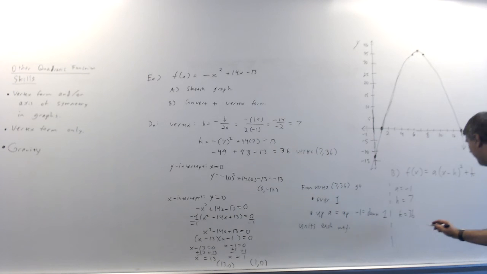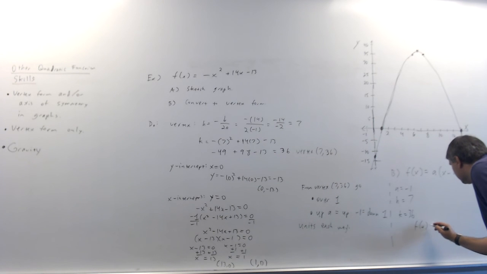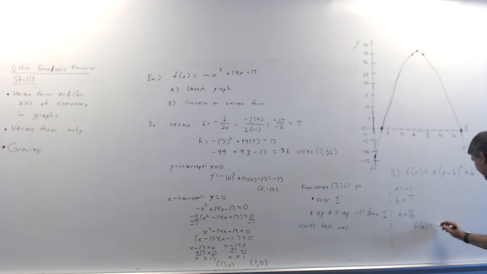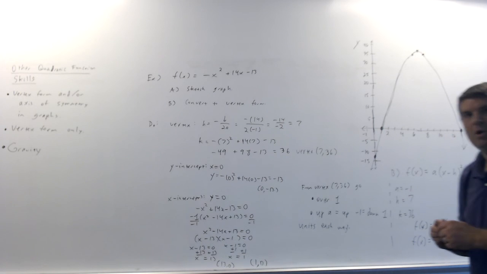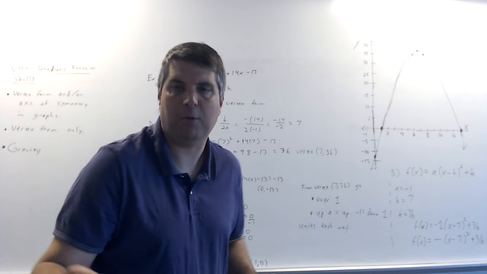All right, so f of x equals negative 1, x minus 7 squared plus 36. However, it is customary to leave off the 1. Okay, and that is where I will stop for this example.